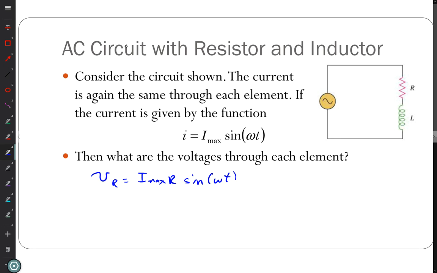Change colors. How do we find the voltage across the inductor? If I was smart, I would color code with green for inductor and red for the resistor, but we'll go right past that point. How do we find the voltage across the inductor?